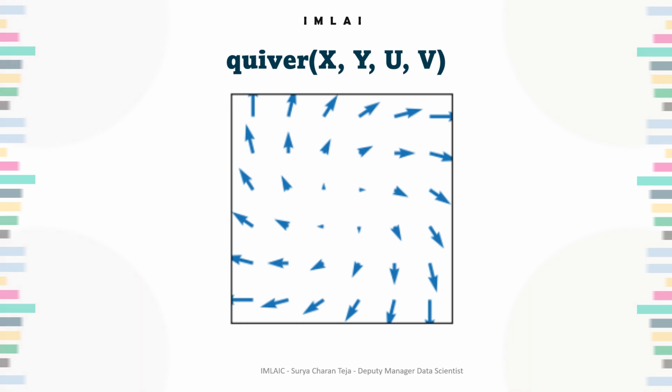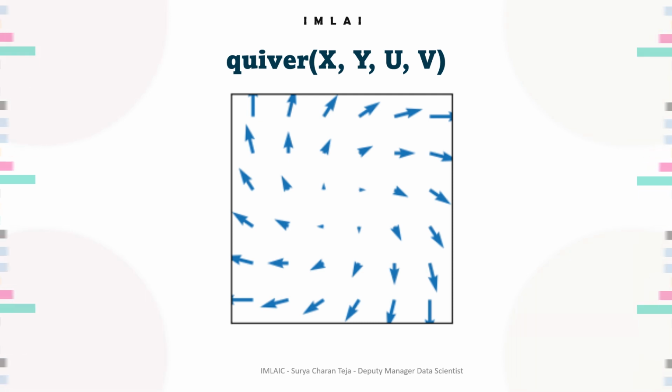By default, a quiver function scales the arrow lengths so that they do not overlap. So a quiver of u comma v plots arrows with a directional component specified by capital U and capital V at equally spaced points.